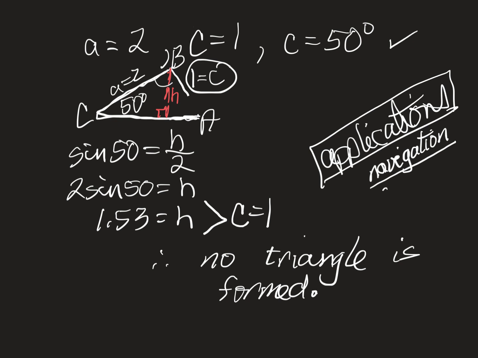The other big application of this is surveying. And surveyors today use trigonometry all the time, except that now most of it is handled by software. So is most of navigation as well.